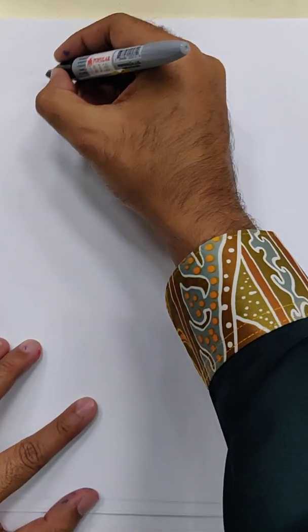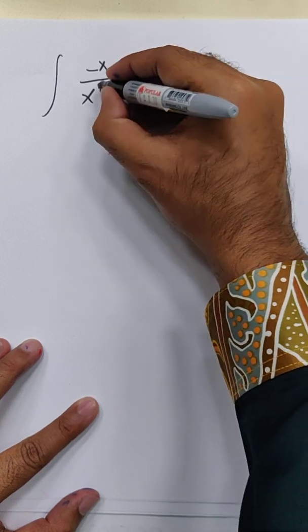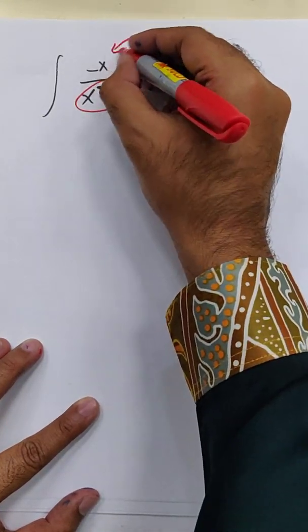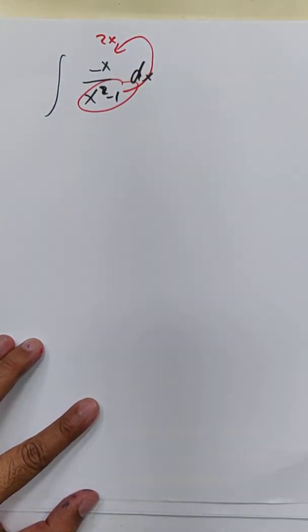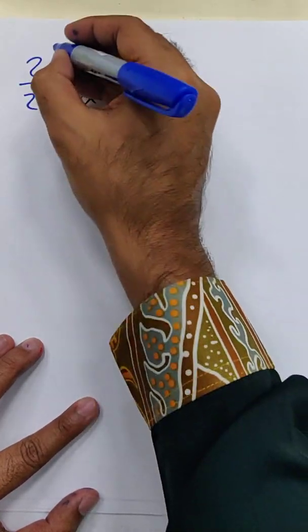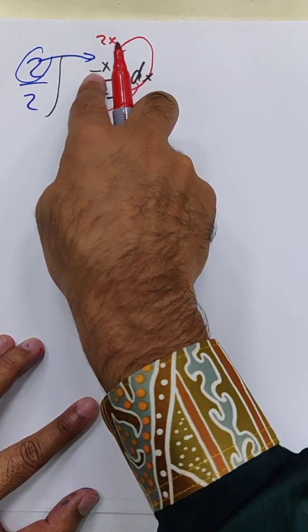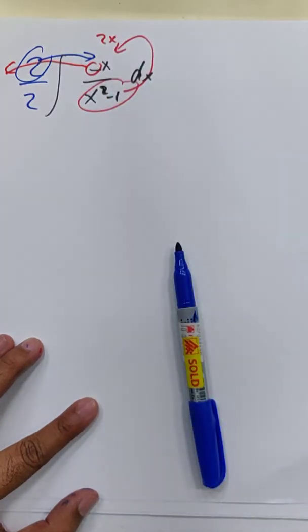Okay, so for the first one, if I differentiate here, I get myself 2x. I got the same x, but I just need the 2. So what should I do? I times the 2 over 2. I put one of these two inside. But I don't need the negative, right? So I take it out.